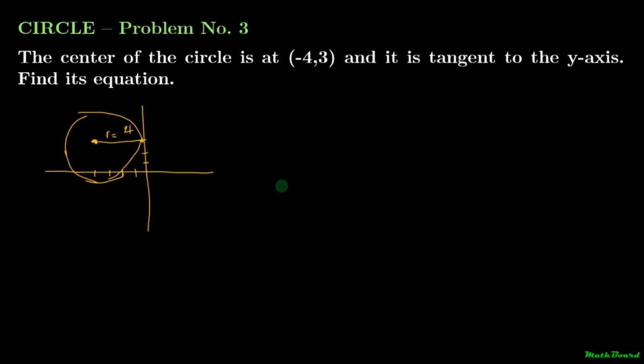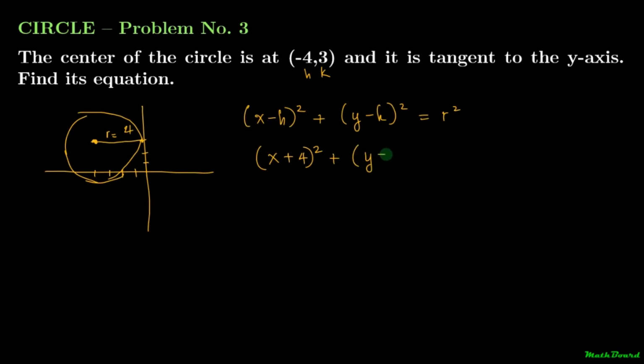Okay? The center is not at the origin, therefore the standard equation is x minus h squared plus y minus k squared equals r squared. This is our h, this is our k. Therefore, the equation would be x, since h is negative 4, this becomes x plus 4 squared plus y, then k is 3, so minus 3 squared equals the radius 4 units, therefore 4 squared.